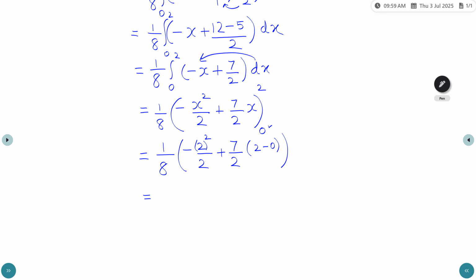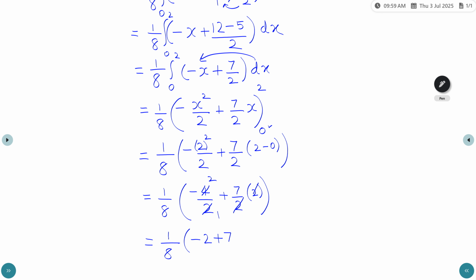That is 1 by 8 into minus 4 by 2 plus 7 by 2 into 2. We can cancel, 1 2 is 2, 2 2s are 4. So 1 by 8, the 2s get cancelled. 1 by 8 into minus 2 plus 7.